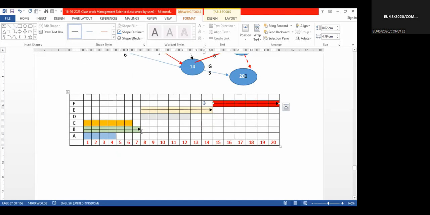How many days can we delay activity A? By looking at this diagram, can you say how many days we can delay activity A?